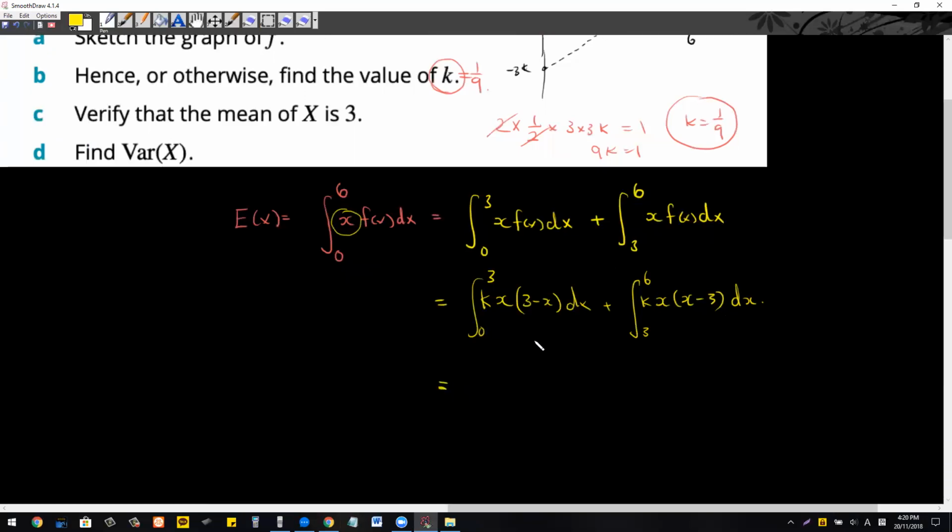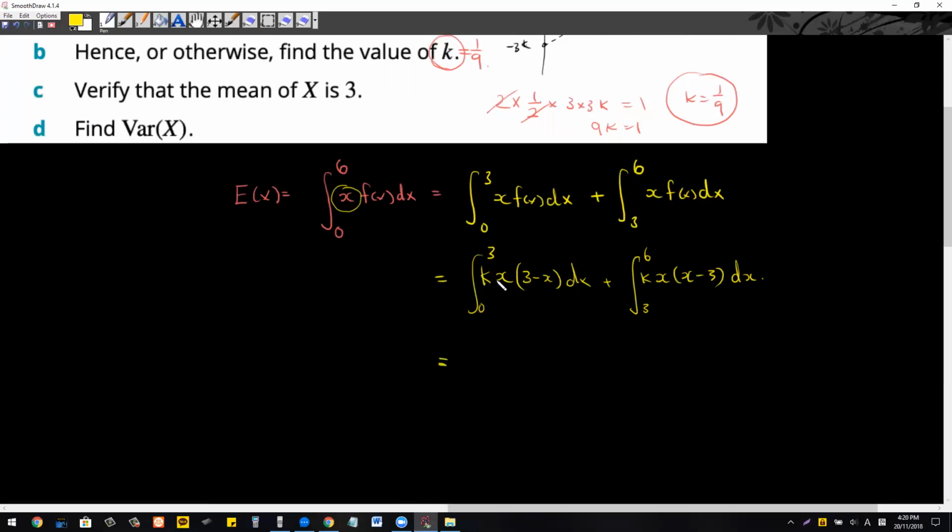Yes. So you can take out the k and then expand this one out. I'm going to just pull out k from both of these. And it's integral 0 to 3, 3x minus x squared dx, plus 3 to 6, this is x squared minus 3x.